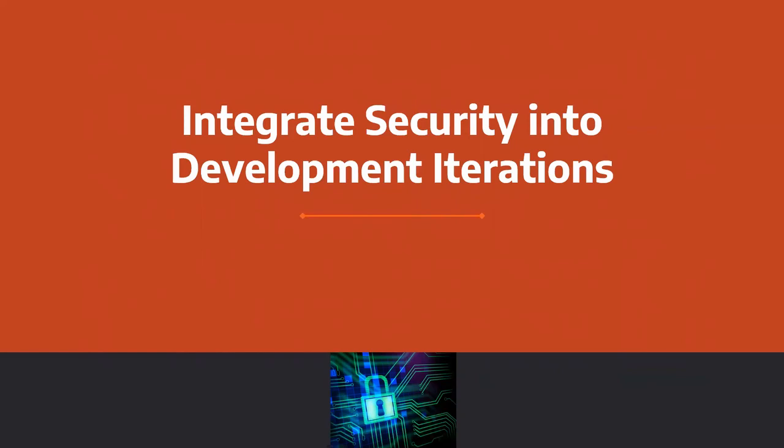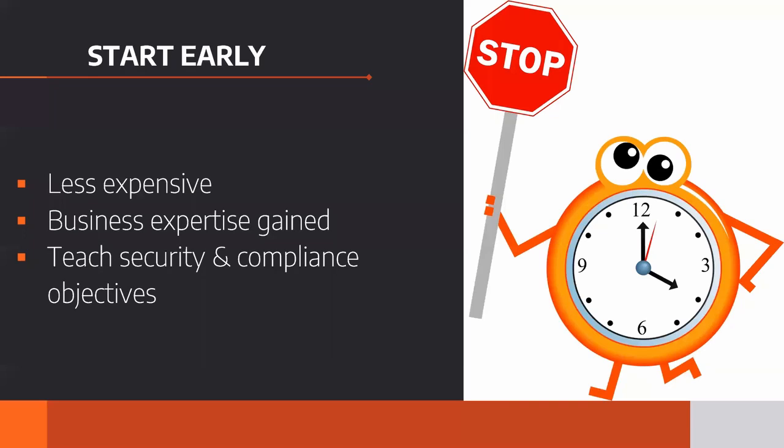Integrate security into development iterations. The idea here is to begin early, to do it from the start. So start early in the iteration. Why do we want to do that? It's less expensive. Business expertise is gained by InfoSec. They know what's going on with the whole process then.